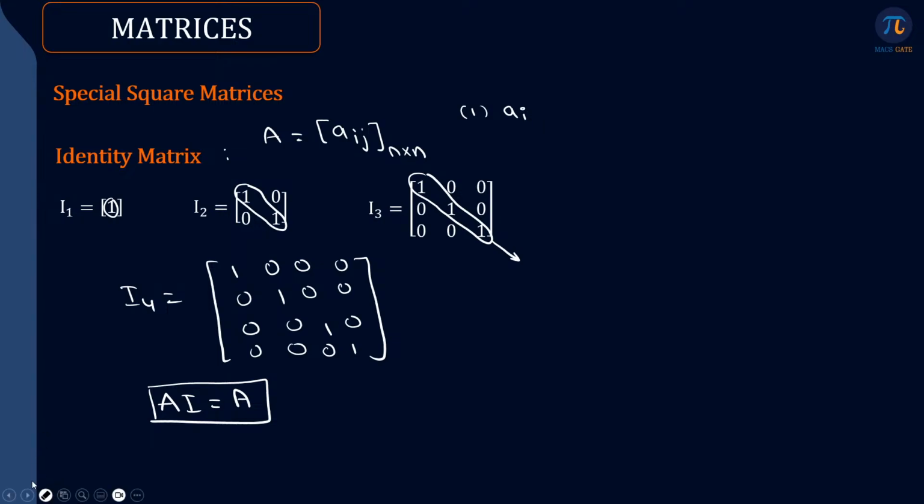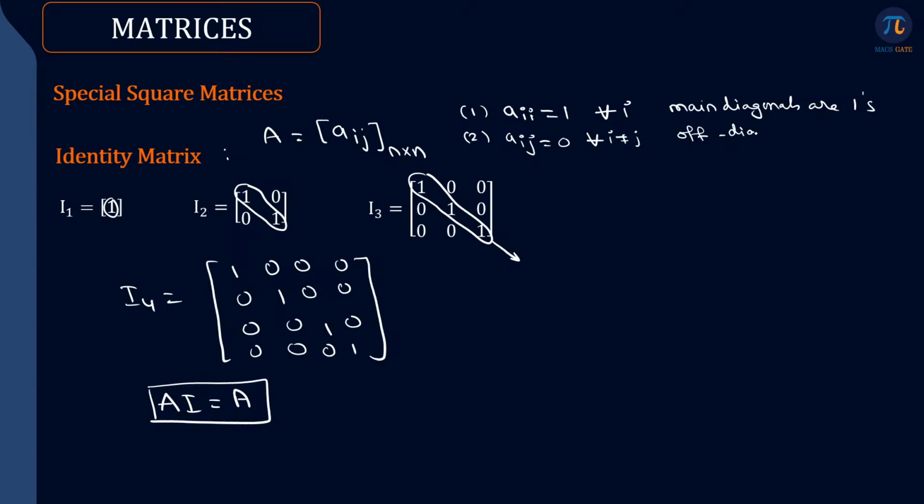That is a_ii is equal to 1 for all i. That is, main diagonals are 1s. And second thing, off diagonals are 0.